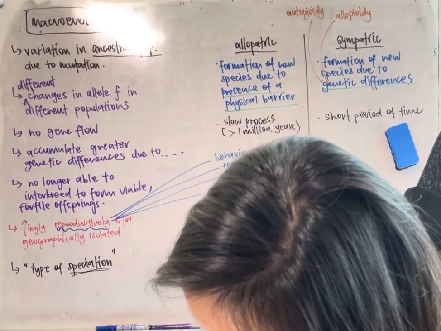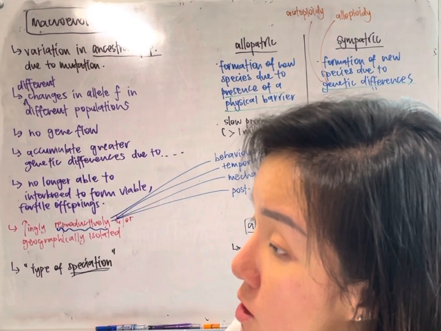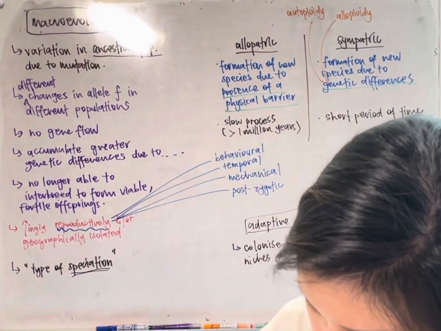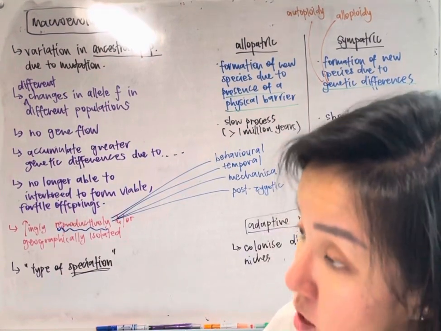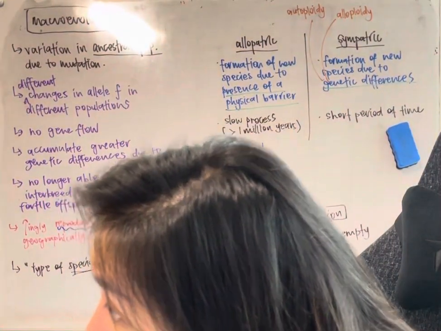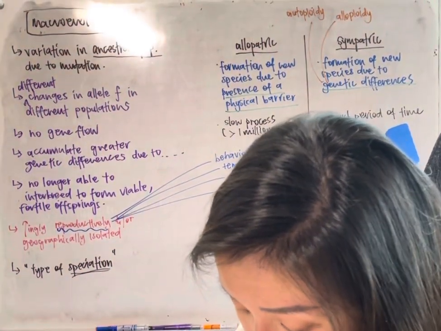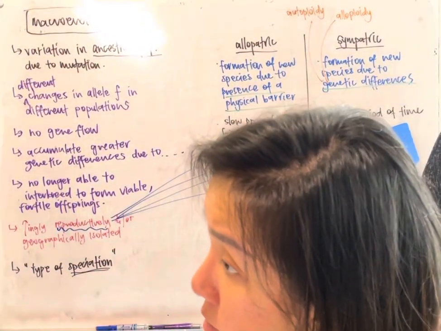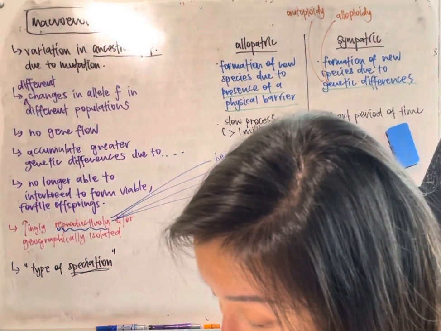There's no gene flow. How come there's no gene flow? You never tell me why there's no gene flow. So this is the quotation of data you need. What kind of isolation do they have that results in no gene flow? Is it geographical or reproductive? Reproductive, because again, they are different in eye color, plumage color, or male song variation. So you never tell me why. You cannot just say no gene flow.